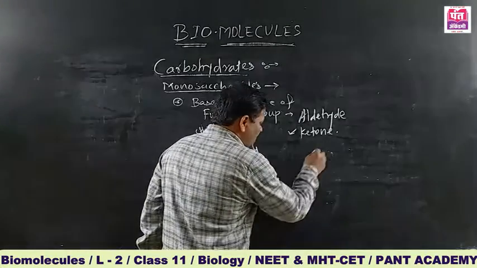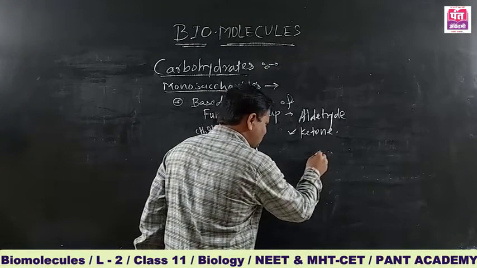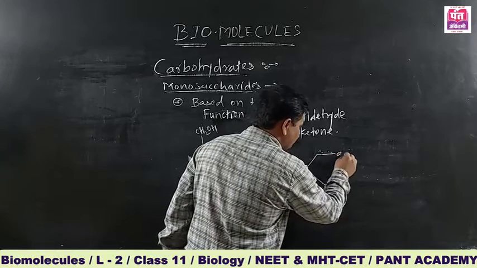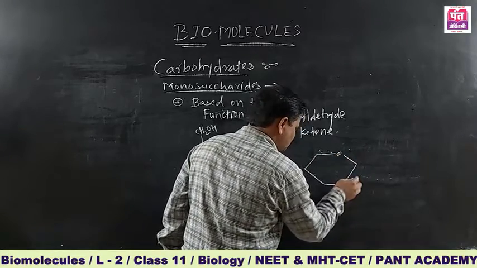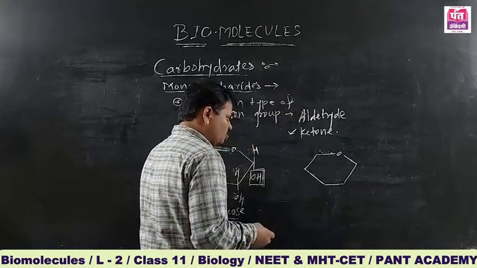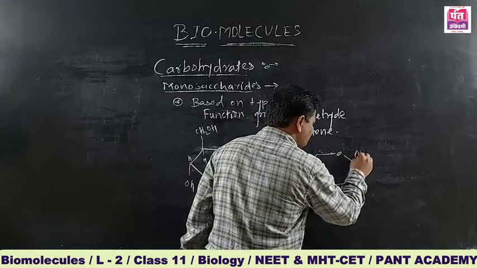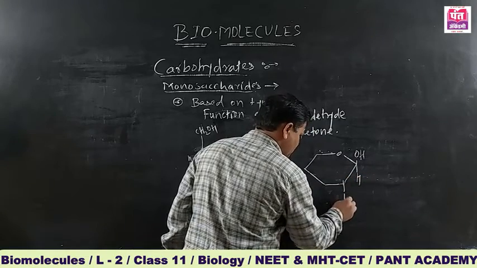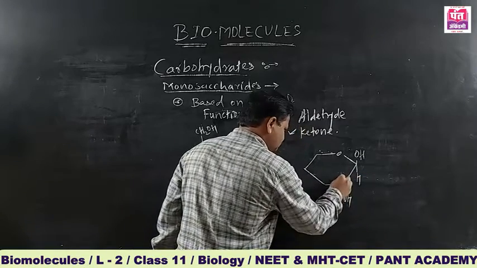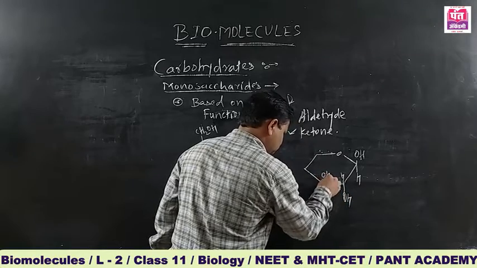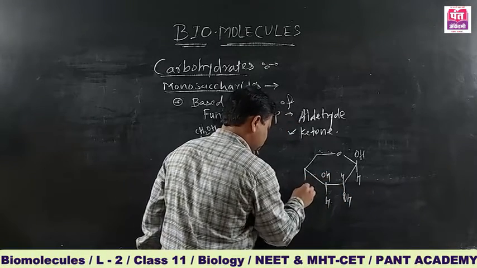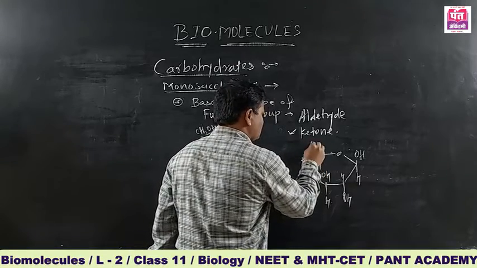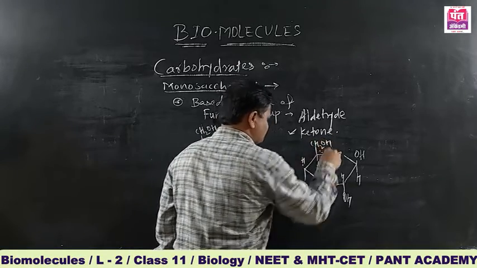But when we take the same example and we see what the beta conformation is, then we can understand the different aspect of this mono sugar. If the OH group is present in this way, CH2OH.